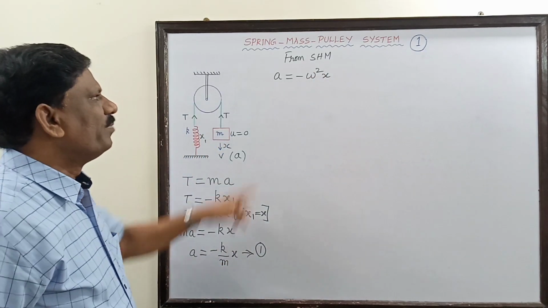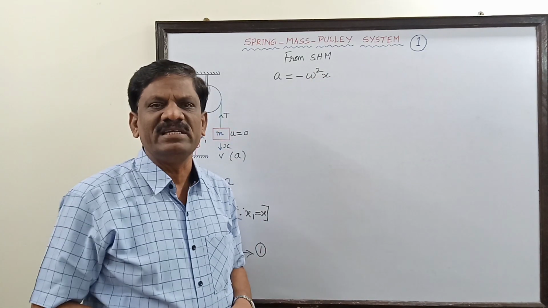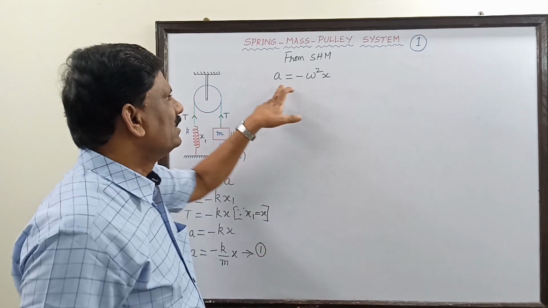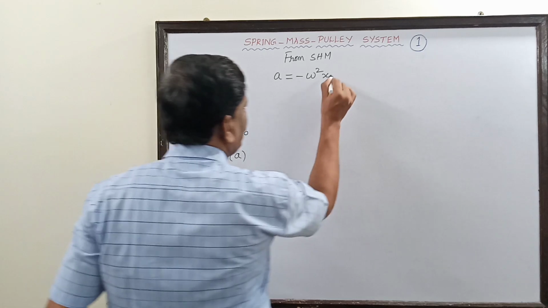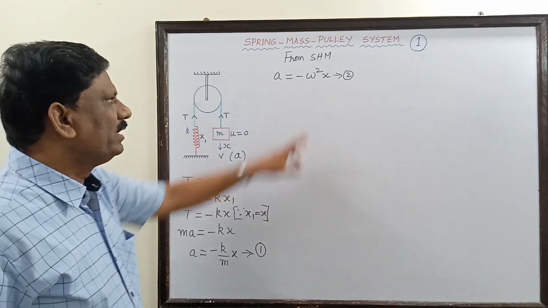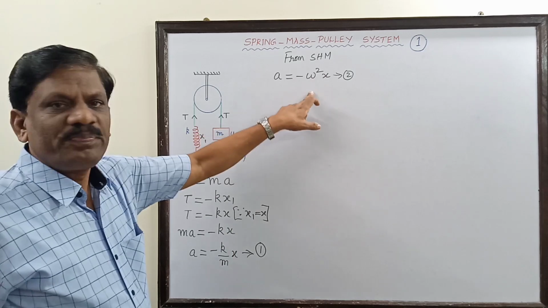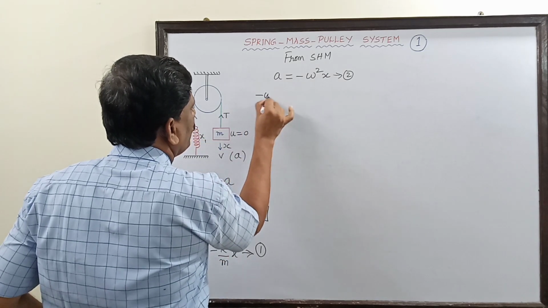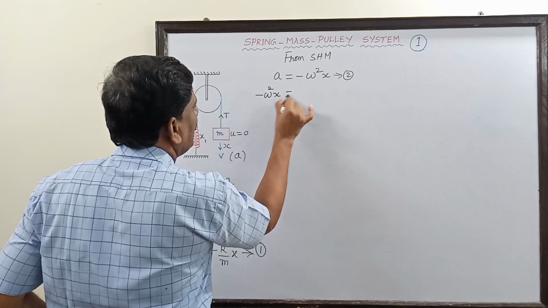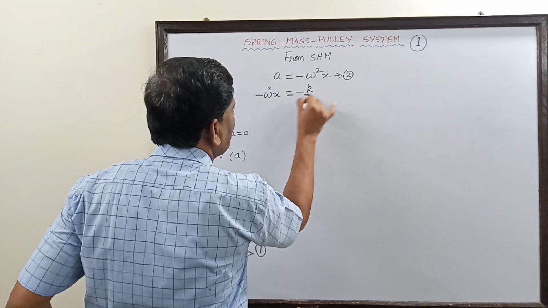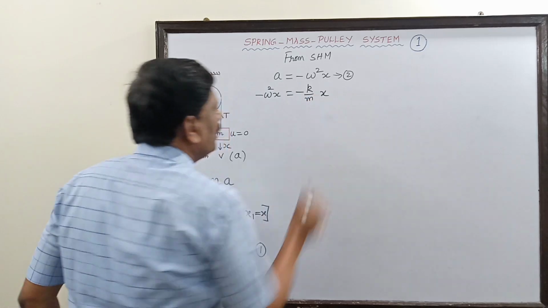Omega is called the angular frequency, 2 pi times the natural frequency of the system. So this is from the definition of SHM. I will take this as equation 2. Now, I am going to equate these two. So minus omega square into x will be equal to minus K by M into x.